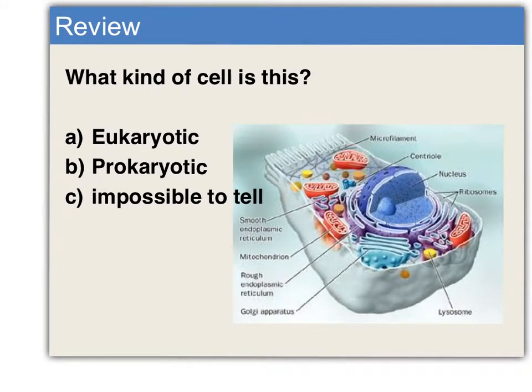So what kind of cell is this? Eukaryotic. Okay, good. Now remember, all eukaryotes have a nucleus, and they often all have mitochondria and all this other stuff.